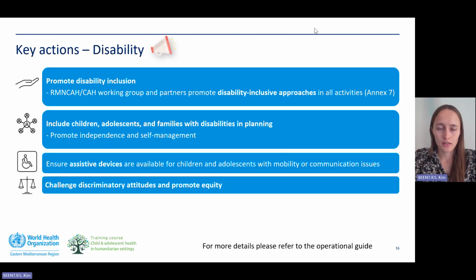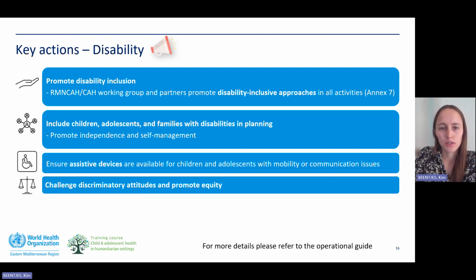The key actions that are linked to this are promoting disability inclusion. The working group and their partners should promote disability inclusive approaches in all activities. And we have an annex of this in the operational guide, which is Annex 7, which provides more information on this.